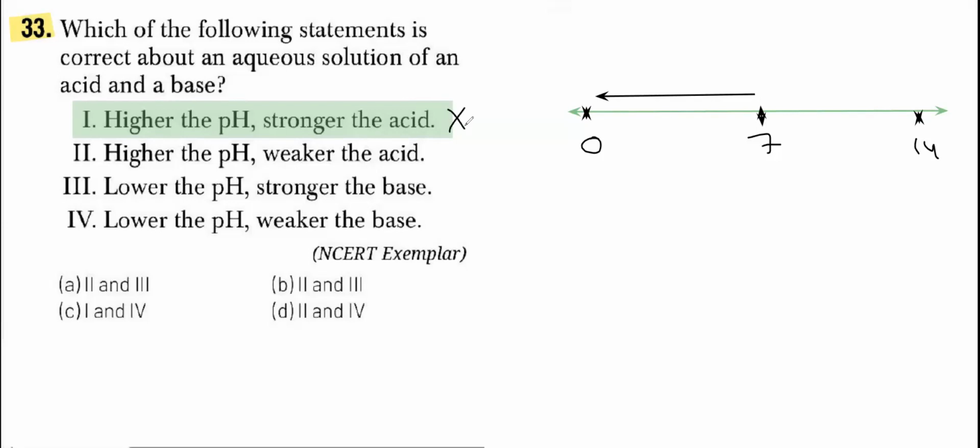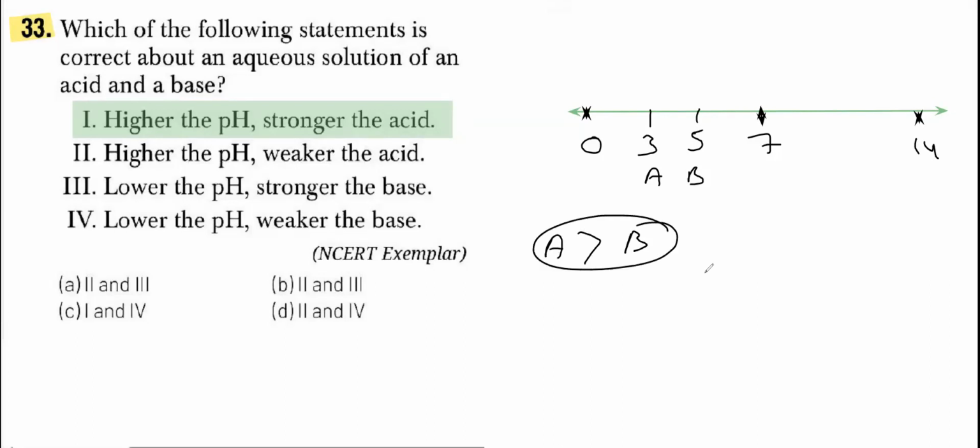Higher the pH, it should be stronger the base. For example, if I take a few numbers like 5 and 3, say this is substance A and this is B. The pH of B is more, that is 5, but A is more acidic than B in terms of strength of an acid. So this is an incorrect statement, right?